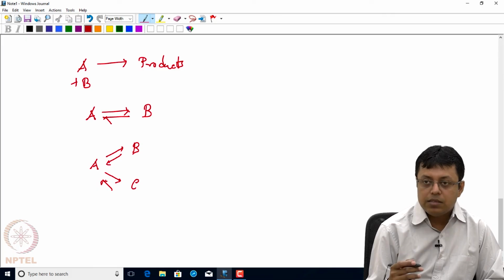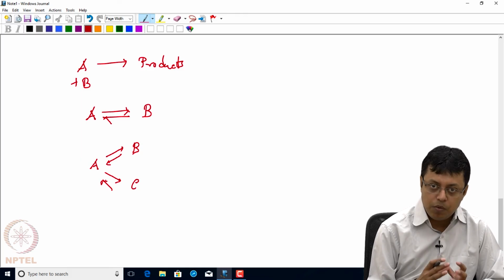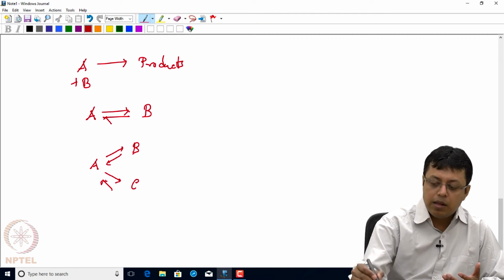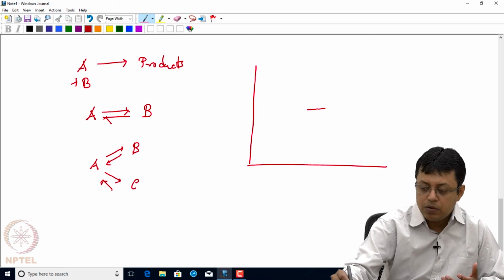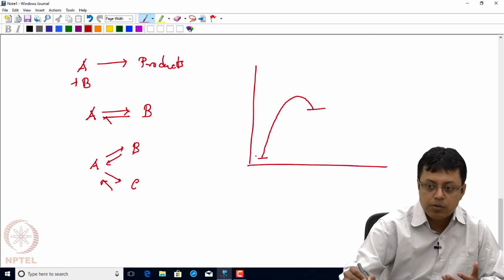And for this other case, you can also have a situation where one of the products, let's say C, is both kinetically and thermodynamically favored. In that case, when I am going from A to C, the activation barrier is smaller, and C is much more stable.